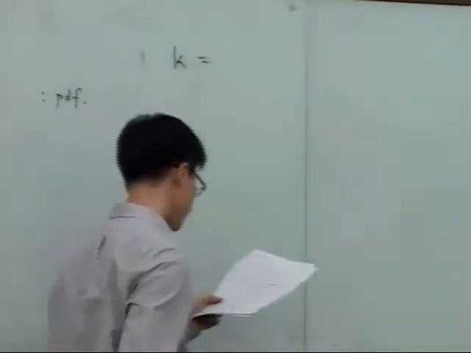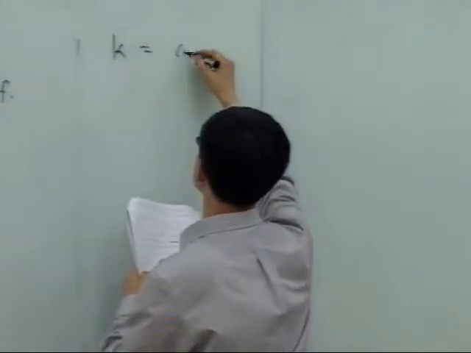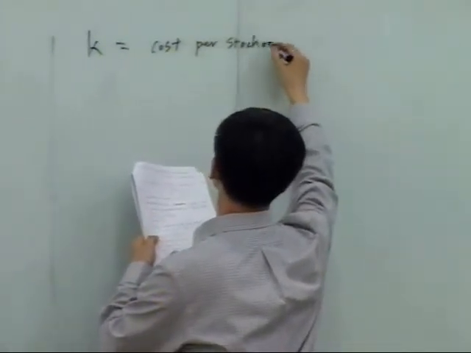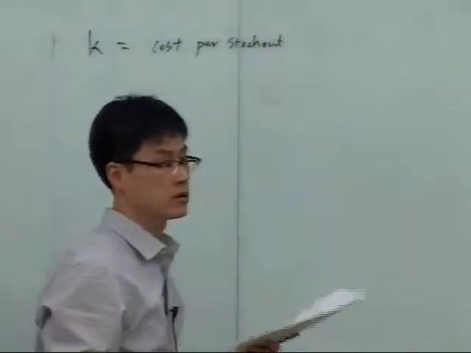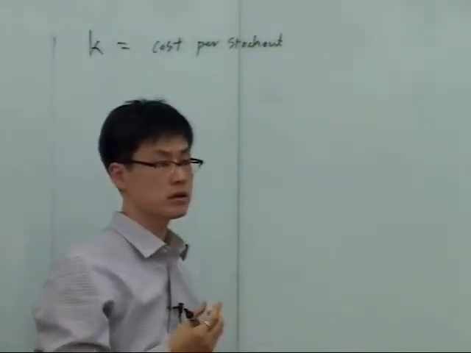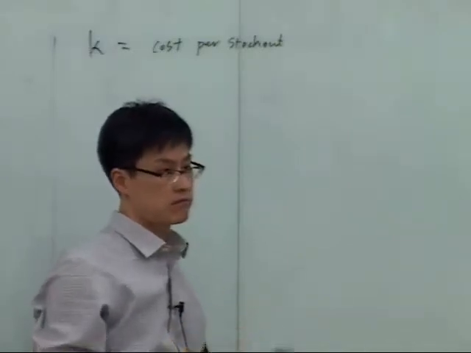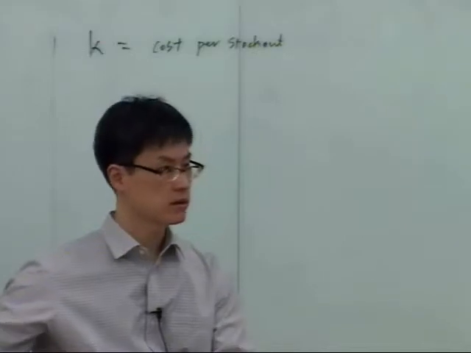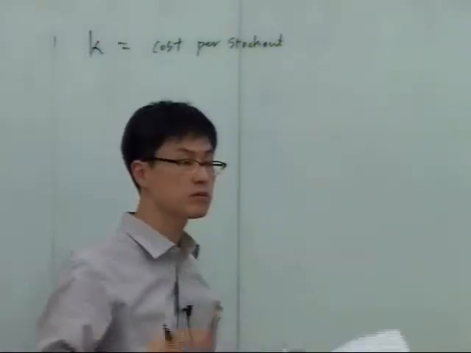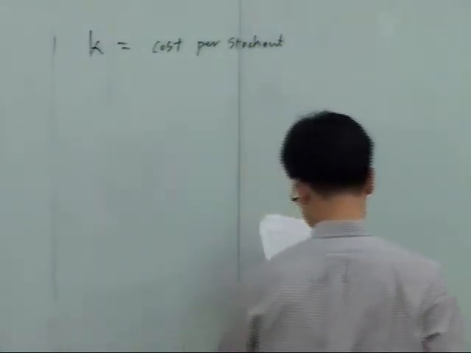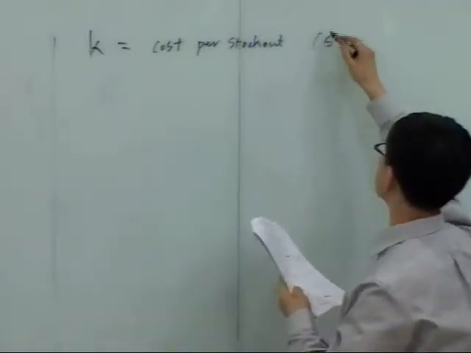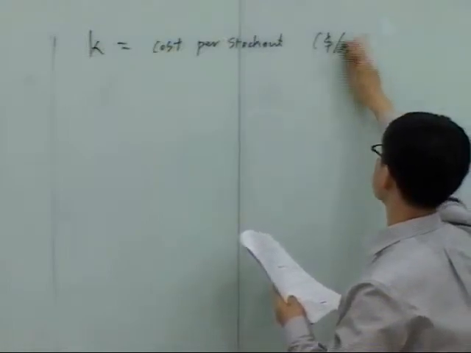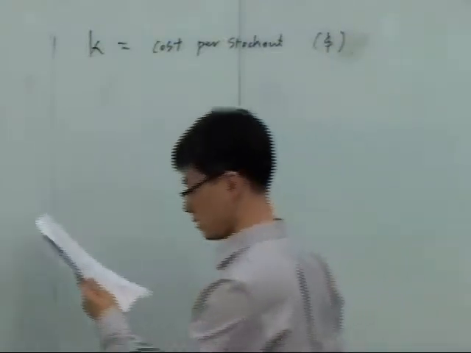K, a new variable, is the cost per stock out. Since the second alternative is setup cost plus stock out cost plus inventory cost, we need something to represent the stock out. It's given as dollar per number of stock outs, which doesn't have any unit, so it's a dollar.